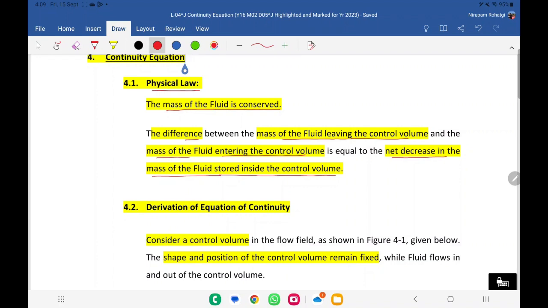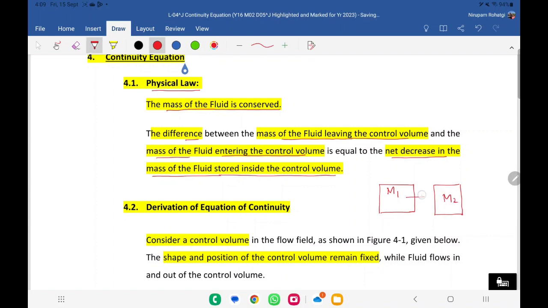Suppose you have a block like this. The mass here is first m1, and then the mass becomes m2.